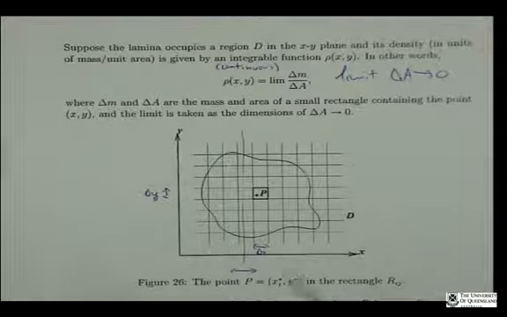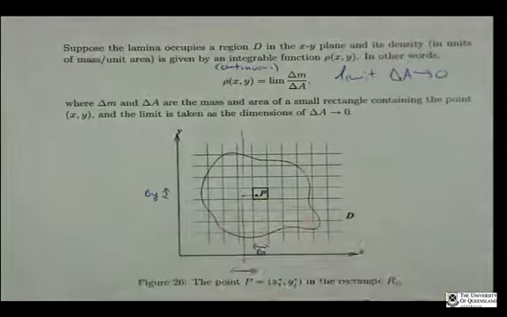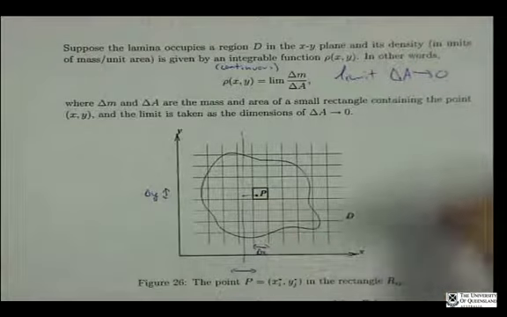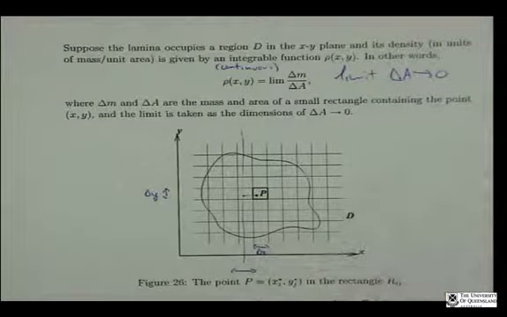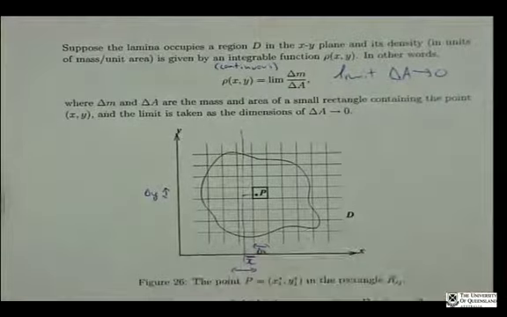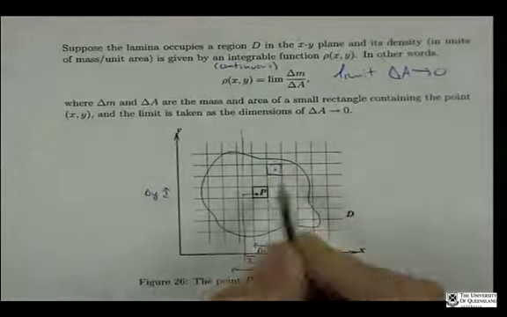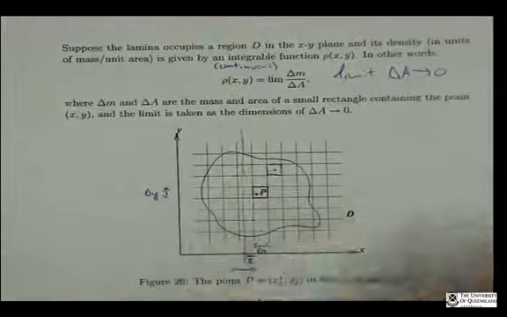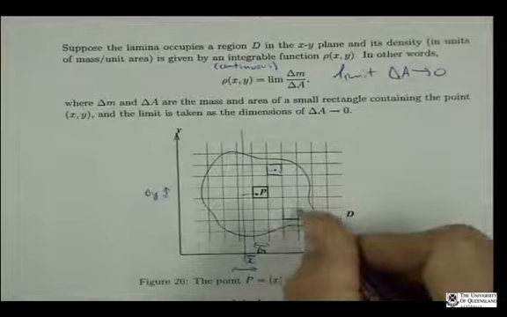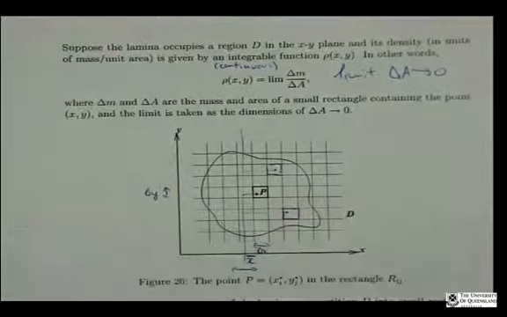Choose a representative point inside each rectangle and then measure the distance that point lies from this point that I'll call x bar. Okay, and so we repeat this for all rectangles in our approximation, measuring these distances, choosing a representative point, and then finding the distance.